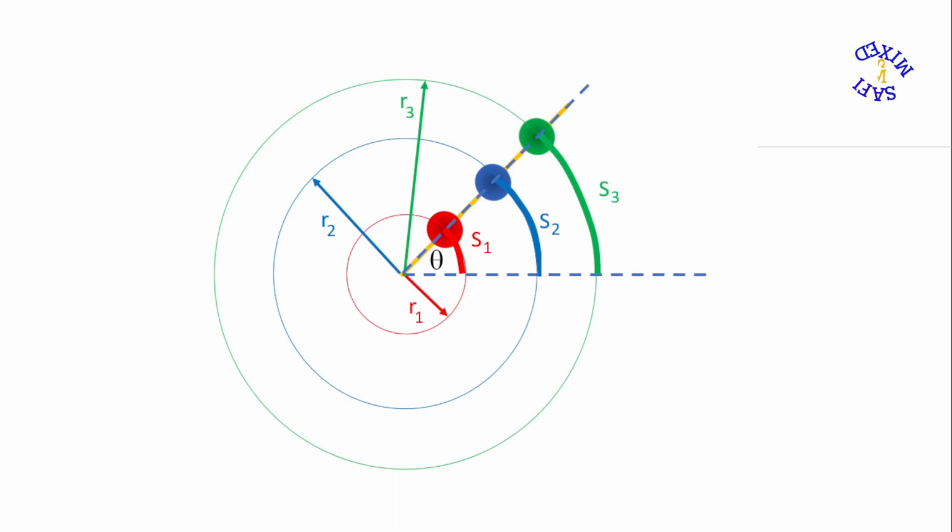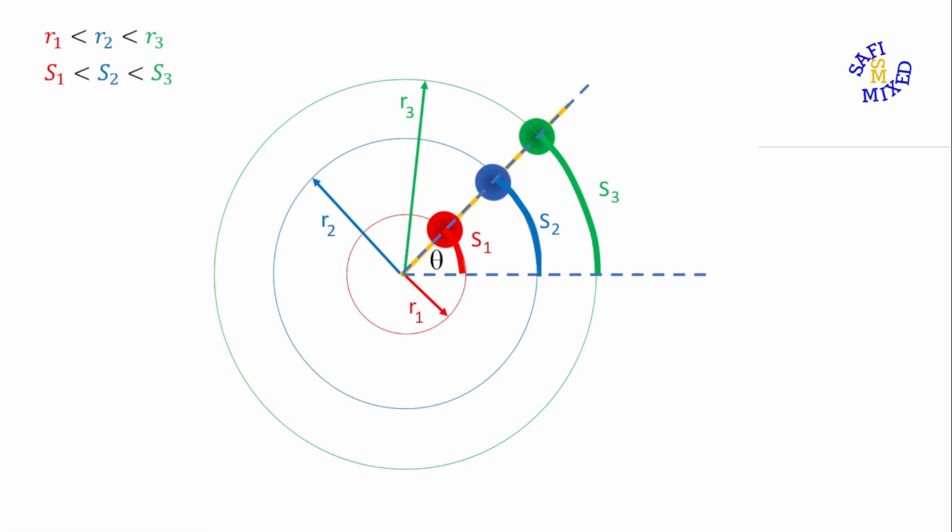Then from this geometry, we see that the lengths of the radii of the three circles are given by this relation, where R1 is less than R2, and R2 is less than R3. And a similar relation exists between the arc lengths. That is, arc length S1 is smaller than S2 and S2 is smaller than S3.